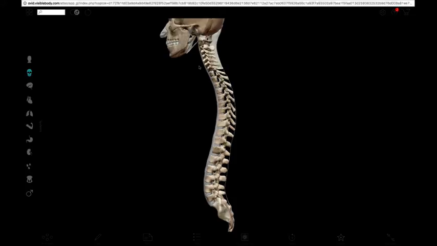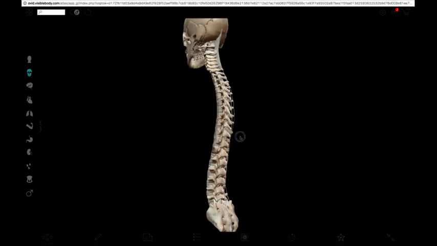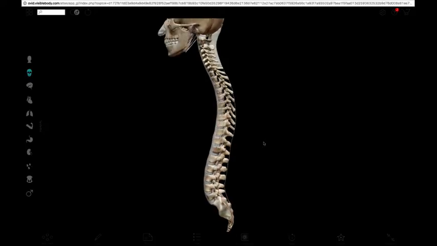Then we see a convexity anteriorly in the lumbar spine, another lordosis, and another kyphosis in the sacral spine. These are normal. It's just a hyperkyphosis and a hyperlordosis that are abnormal. And obviously, you've probably heard of scoliosis. That is a rotary and lateral movement of the spine.